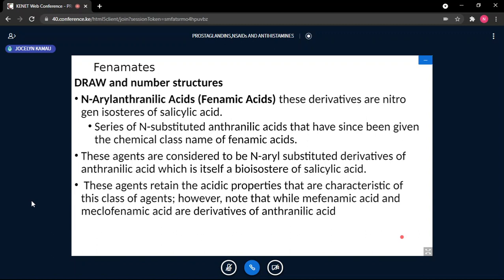But for chloro groups, if you look at the meclofenamic acid, you find it has chloro groups at 2', 6', and then a methyl group at 3'. So you can see it still satisfies the 2', 3' substituent, but it has an extra chloro group at position 6'.